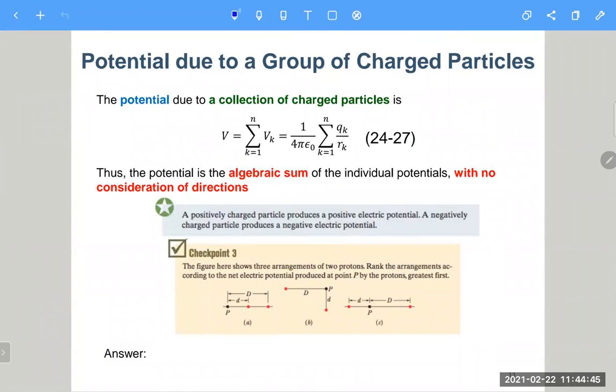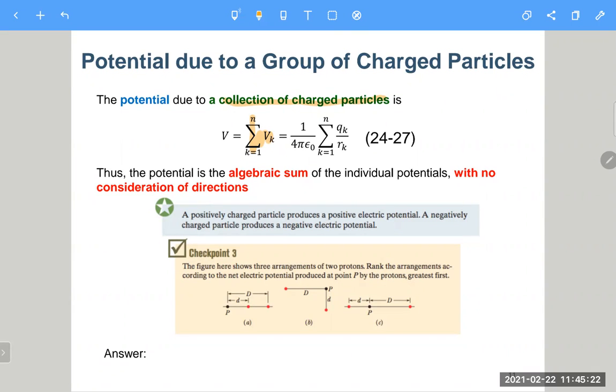Similar to the previous case, if we have a collection of charged particles, then to calculate the potential at a point, you calculate the electric potential due to each charged particle one by one, and then add them together.